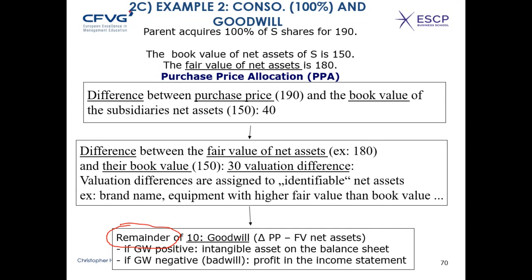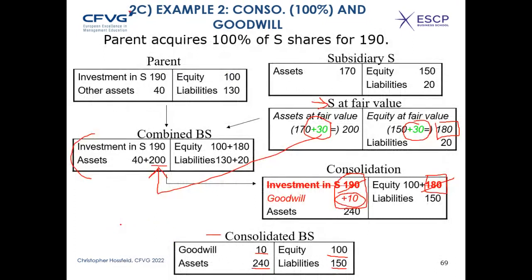Some companies it's more, other companies it's less. And that means for many groups, goodwill will be the most important asset on the balance sheet, more important than brand names, more important than property, plant, and equipment, and so on. So calculation-wise, it's a leftover, but in terms of importance, it's much more than that.